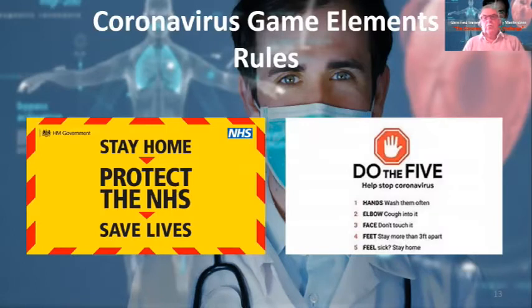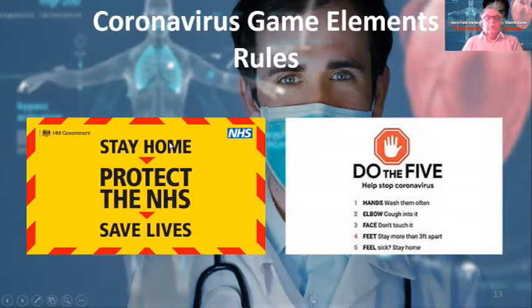Before I go on to the final concept in gamification, here's an example of a game element, the rules element, in the sense of coronavirus. These are rules that have been introduced by the UK government: stay home, protect the NHS and save lives. And this is really trying to follow the gamification cycle, which says, okay, this is the situation.